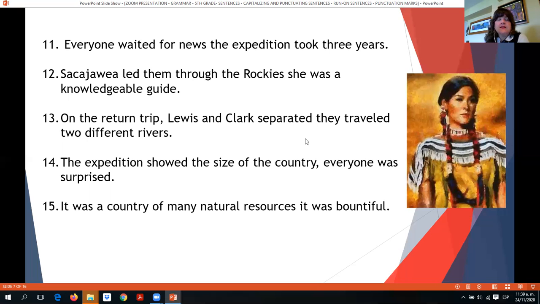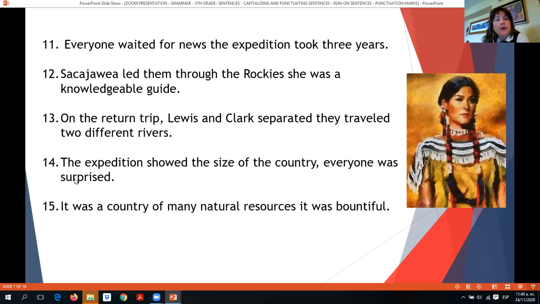Capitalize the T and say, they traveled two different rivers, period. Or you can rewrite it as a compound sentence and say, on the return trip, Lewis and Clark separated, comma, and they traveled two different rivers.